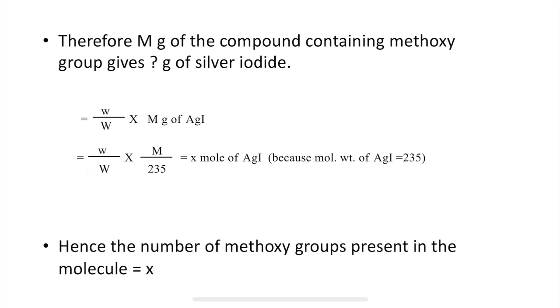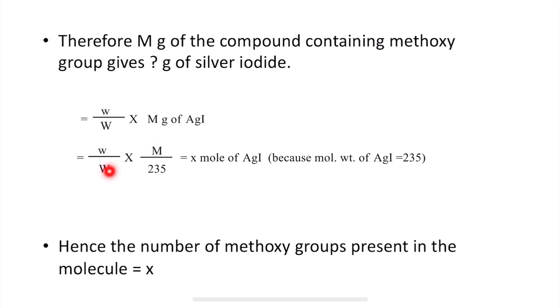So capital W is the mass of ether and small w is the mass of silver iodide, and capital M is the molecular weight of the ether compound which we have taken, divided by m grams of silver iodide, that is the molecular weight of silver iodide, 235.